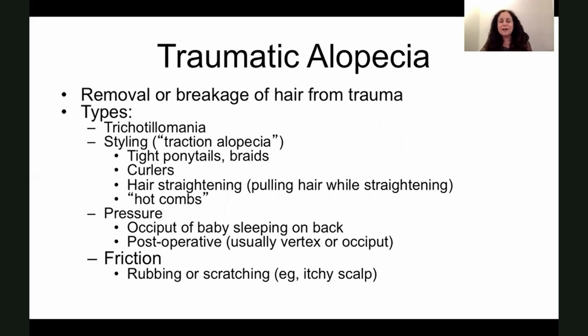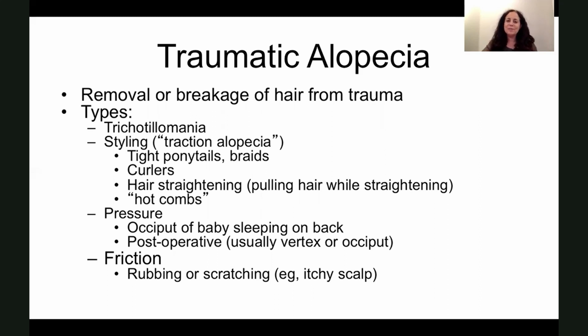Let's look at traumatic alopecia, and this is the removal or breakage of hair from trauma. And there's several subtypes. One is trichotillomania with self-pulling. Another is styling or traction alopecia, where tight ponytails or braids or mechanical devices and heat devices, straightening irons, curling irons, and the pulling on the hair, the tension on that hair as they're being used can lead to hair loss.